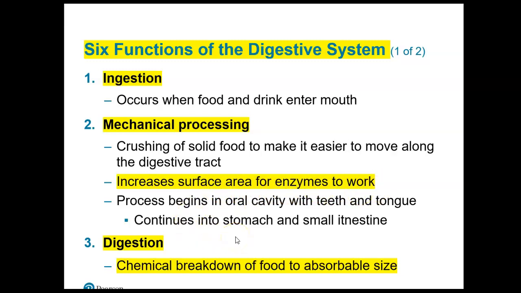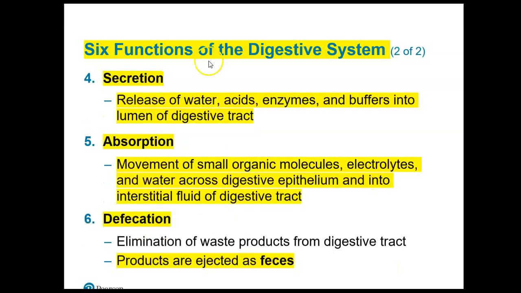The third function is digestion, and this refers to the chemical breakdown of food. For example, the breakdown of larger carbohydrates into glucose, or the breakdown of proteins into smaller peptides, and then finally amino acids, or the breakdown of fats into fatty acids.